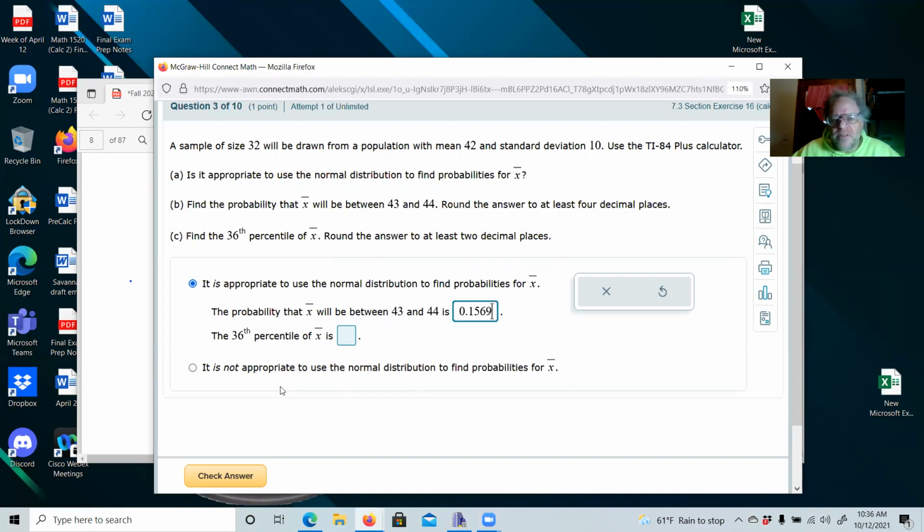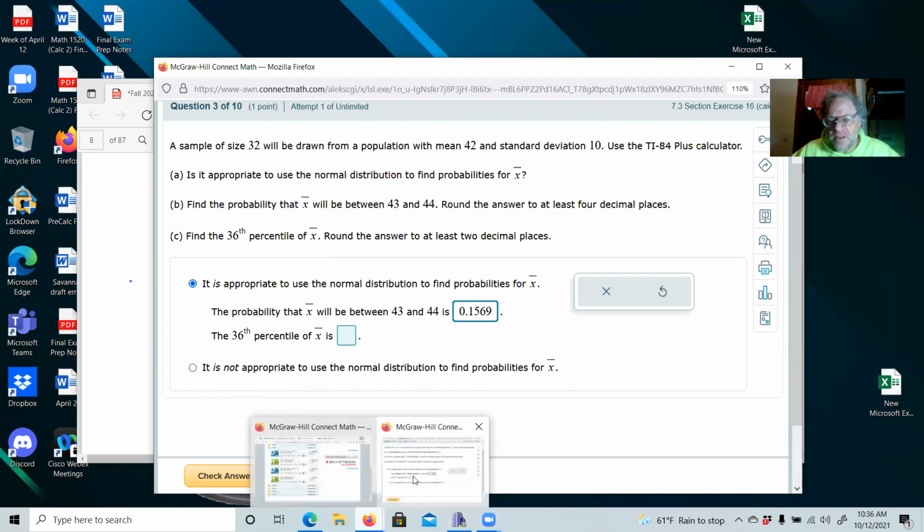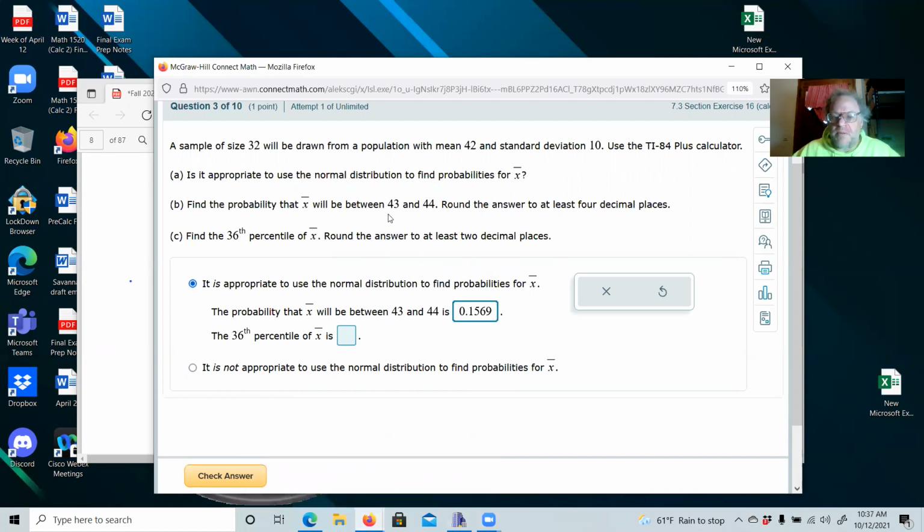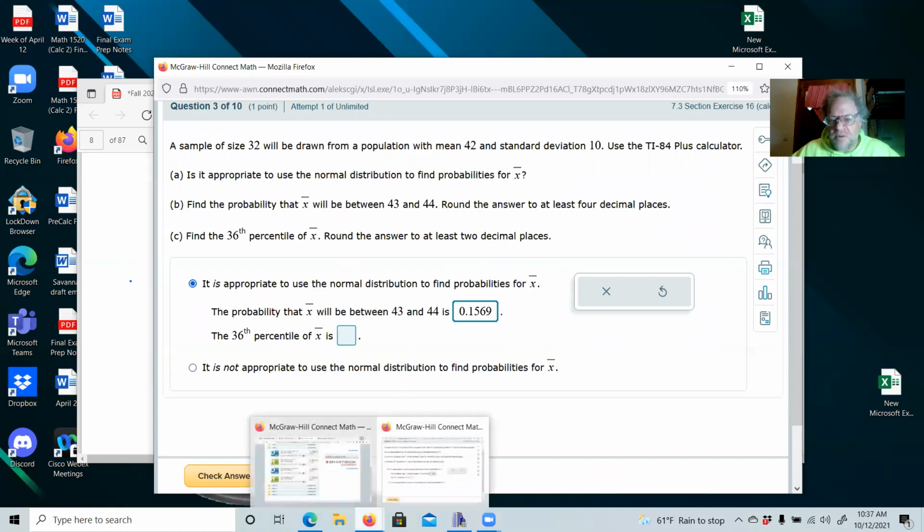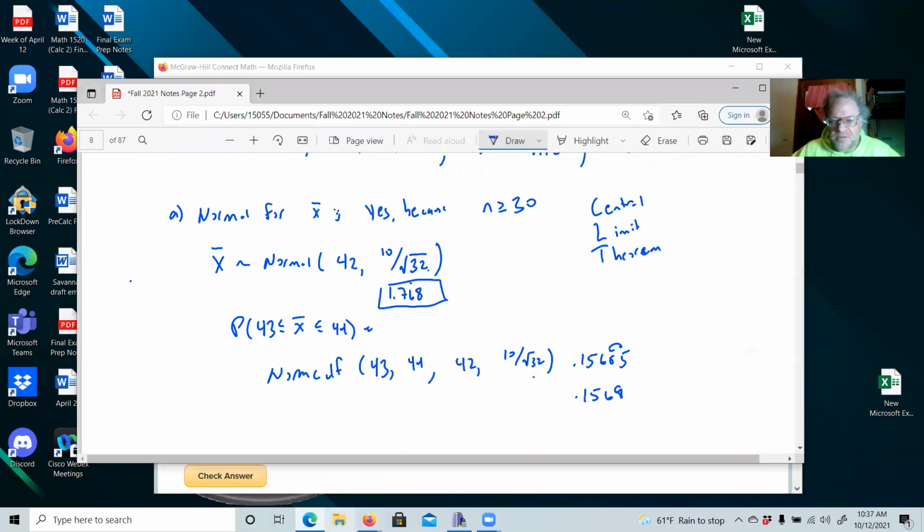So yes, it is appropriate. Next: what's the 36th percentile of x bar? By the way, if you're taking a quiz for me, I might include an option where it is not appropriate to use a normal distribution. I won't do that to you, though. If I have to give you a whole problem and ask you to do all of this, that's kind of like a bluff question, and I don't like to do that to you.